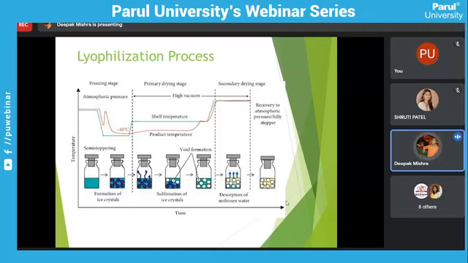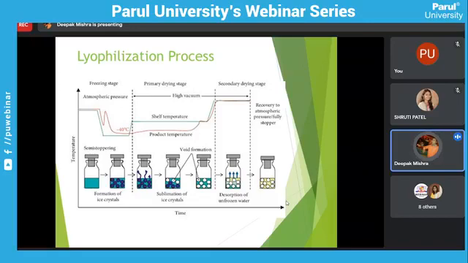Then we can select how much time is used for complete freezing. After the formation of ice crystals and freezing, you can see in the upper line minus 40 degrees. The straight line is the shelf temperature, and our product temperature is below it, the red line.